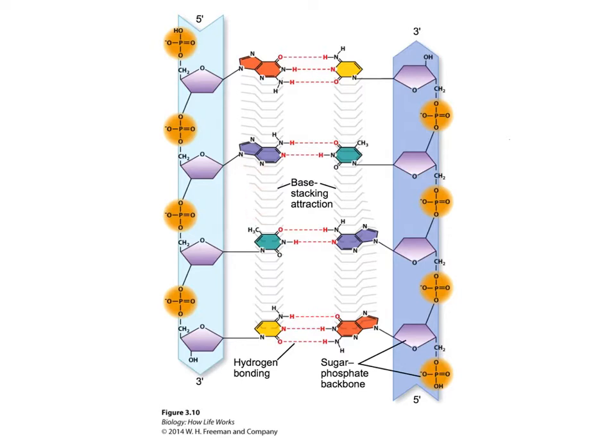They tend not to be extremely polar, and the polar parts tend to be involved in the hydrogen bonds. And so that allows this base stacking attraction, compressing and holding these bases together from top to bottom.